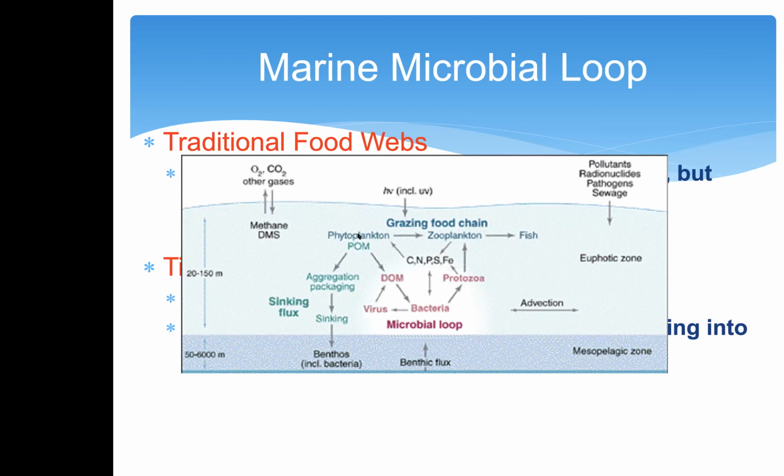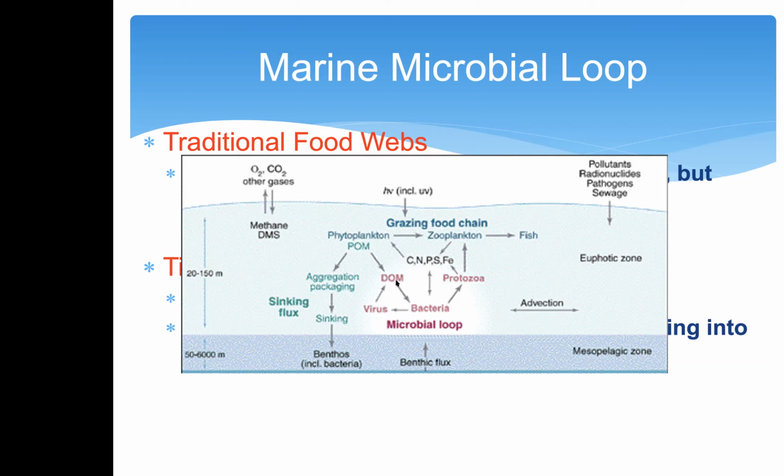But it turns out that phytoplankton are particulate organic material, right? They may aggregate as marine snow and fall out, or they may get lysed and burst open, releasing dissolved organic material. This could be because a virus infects them or because they get eaten, not necessarily by a large zooplankton, but by protists.